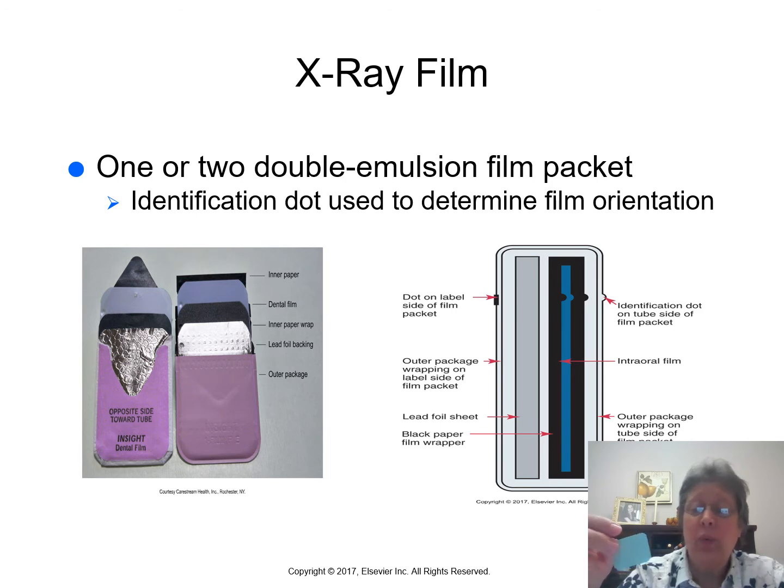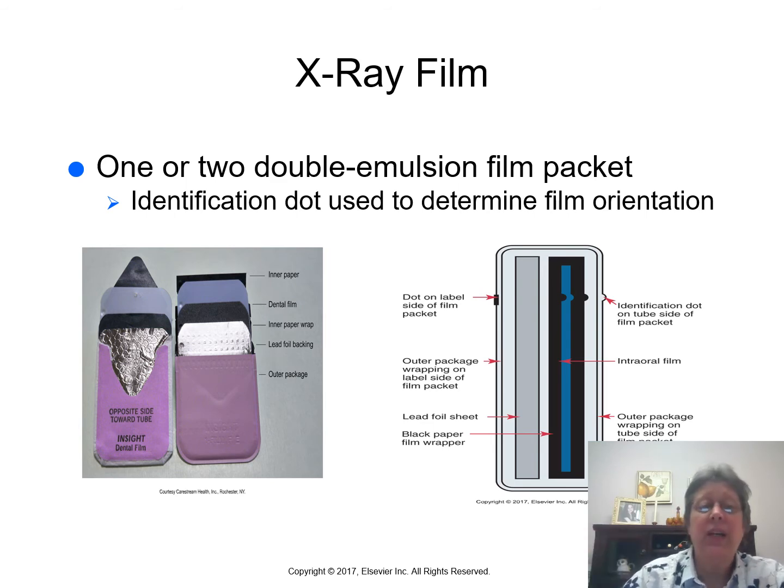So lots of times when we have to duplicate a film or make a copy of a film, we don't get the same quality as the original. So that's why lots of times an office will use duplicate film. They can keep one copy for themselves that is high quality, and they can send a copy with the patient. For instance, if the patient is being referred to see a specialist, they can take an X-ray that is the exact same quality so that it will be diagnostic for the next dentist to look at.